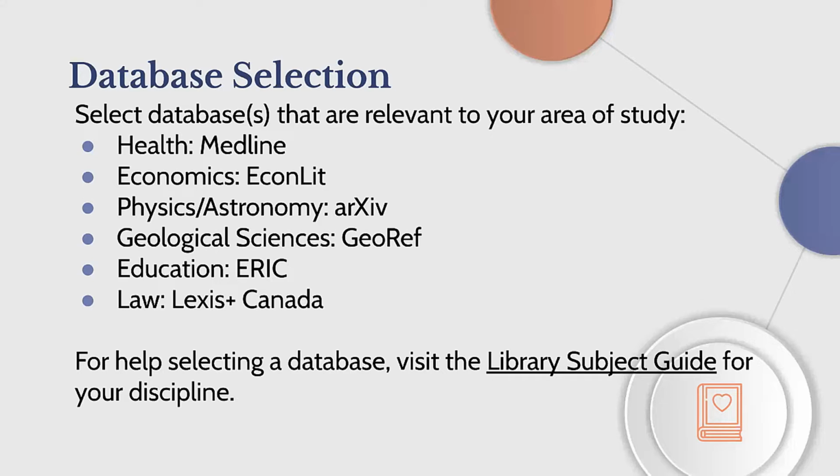If you do need help thinking about or brainstorming where to look, ask your subject librarian for sure. We also have a subject guide set up for all the different disciplines that the University of Manitoba has here. And even if you're just on the library's homepage and you click databases A to Z, you can see a full listing of all of our databases, but you can also filter down based on discipline or subject area.